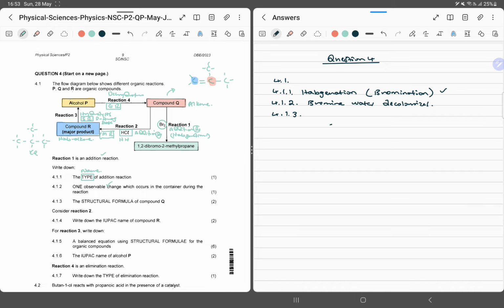So we've got 4.1.3. So it's 1, 2, 3. There's a double bond there we could see. Let's just put it under to avoid problems. So we've got that structure there, which is 2-methylprop-1-ene.